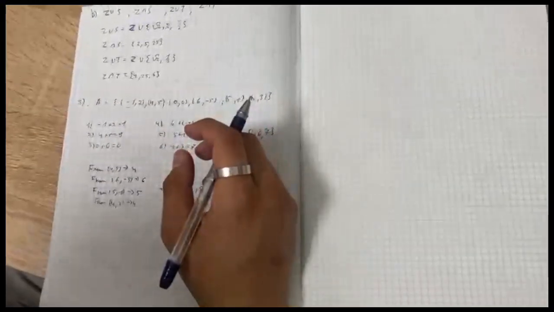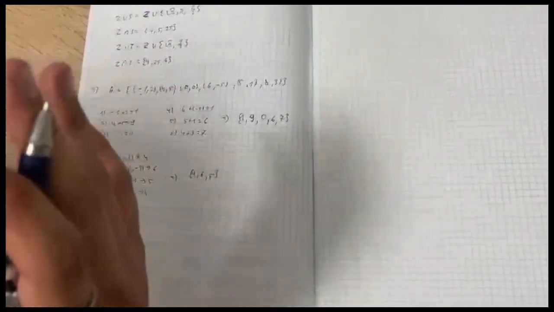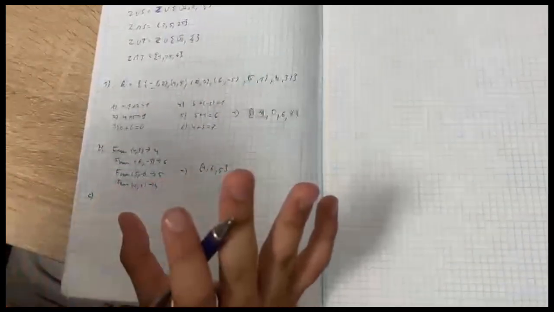So now we are going to see part B. Here we're looking for the first coordinate a, but only if it's positive. Oh no, that's part B, sorry.